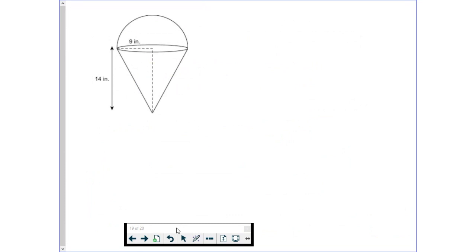So we have to divide it into two. Volume one is the cone. Volume two is the half sphere. Find the volume, and I'll give you 5 minutes, and that concludes our lesson.